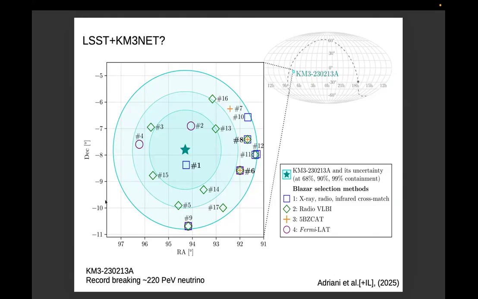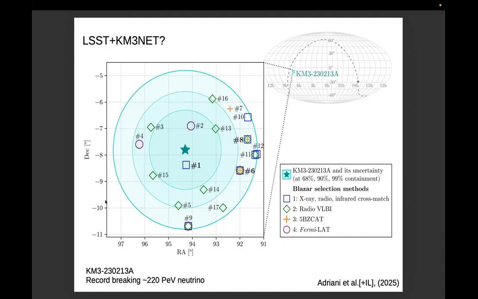It's not fully built yet, but there is already a data stream, it's already starting to get results, and most importantly, it's already starting to break records. This is basically one event that was discussed a lot recently, which had a 220 PeV energy. This is basically an order of magnitude higher energy than whatever IceCube ever got.